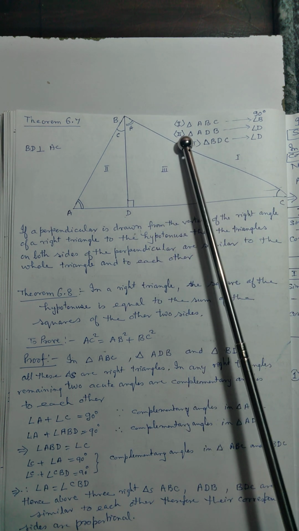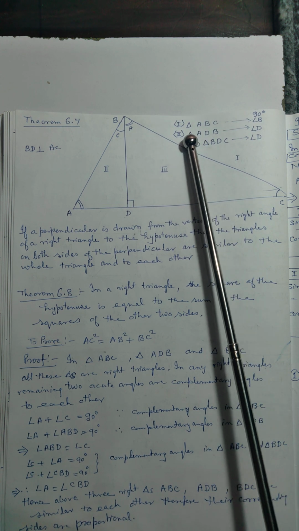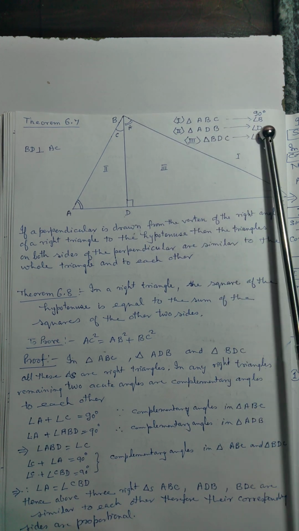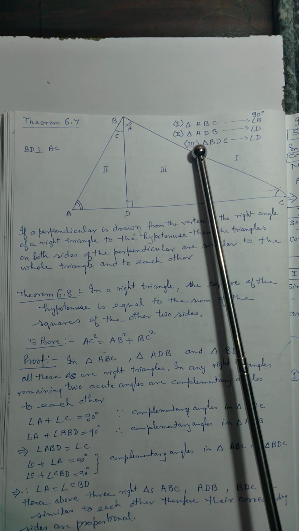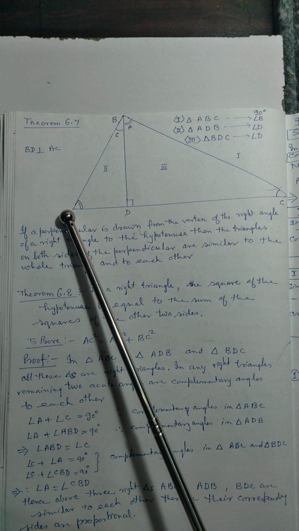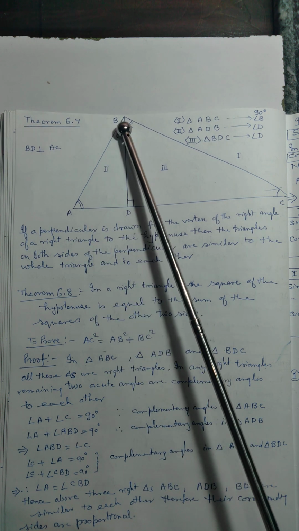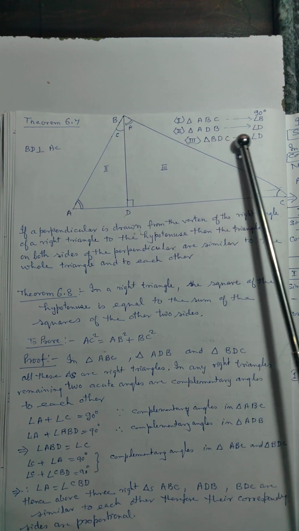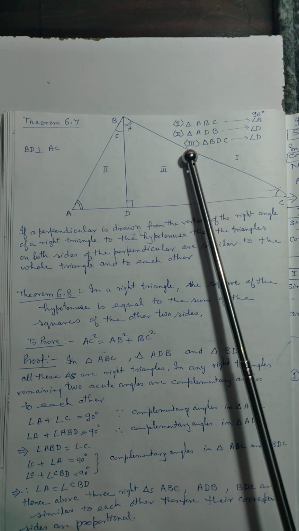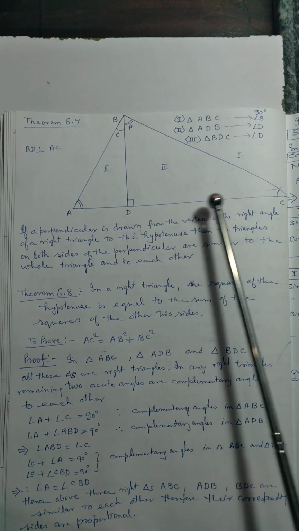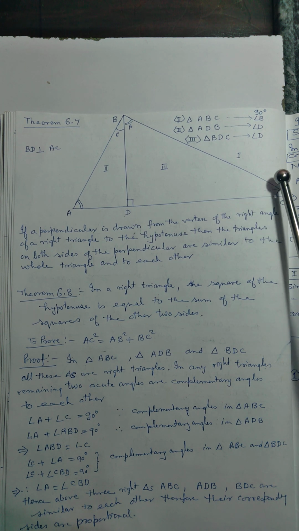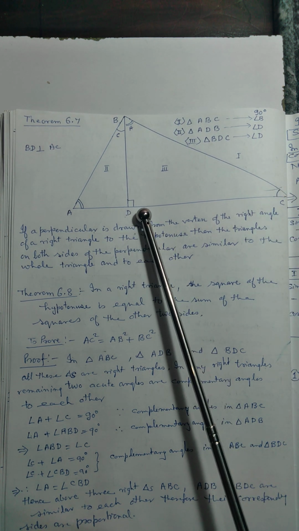You see, I have written here, first of all, the triangle ABC, where angle B is 90 degree. Second triangle is ADB, so angle D is 90 degree. Third, that is BDC, where D is 90 degree again here.